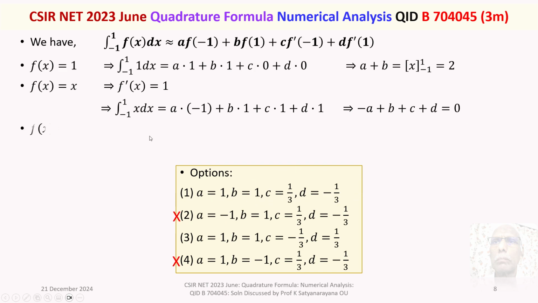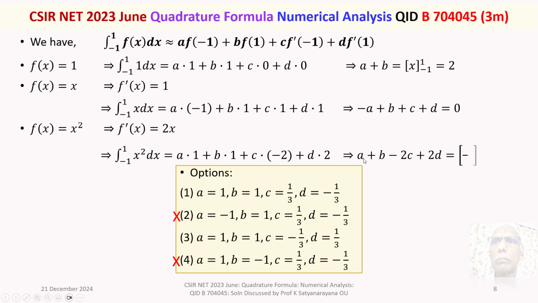So, we go for the next step, f of x is equal to x square, and get the equation. So, the equation is a plus b minus 2c plus 2d is equal to 2 by 3. So, get into the values of option 1 and option 3, whether this equation is satisfied or not, you see. First, we go to option 3.